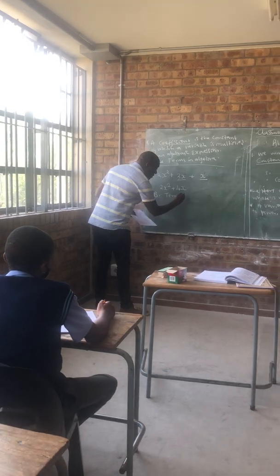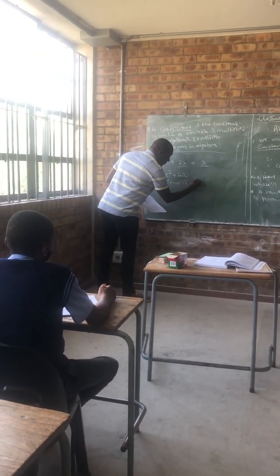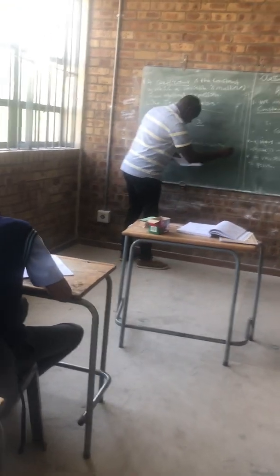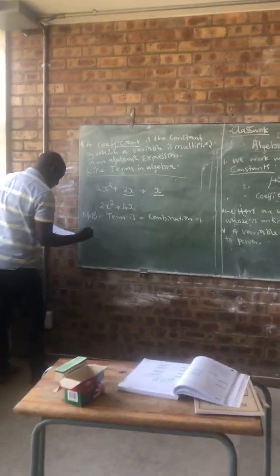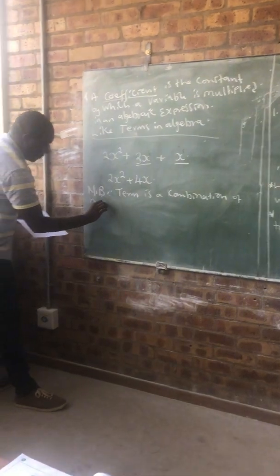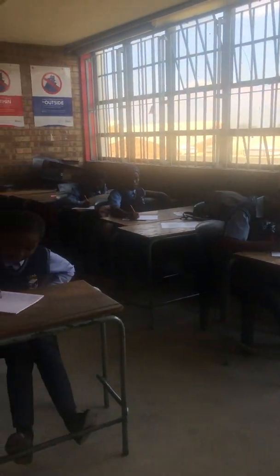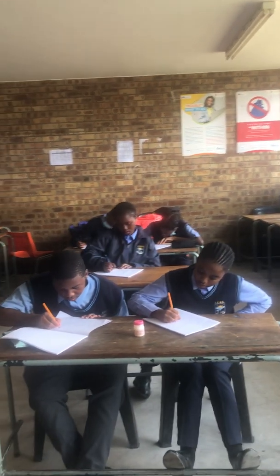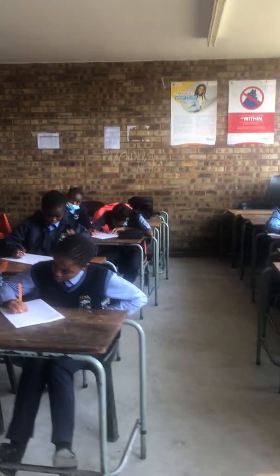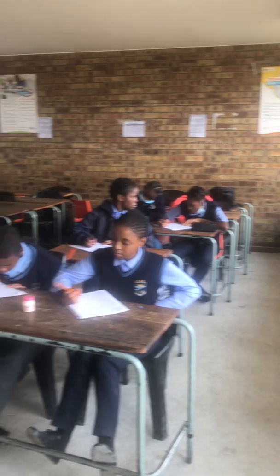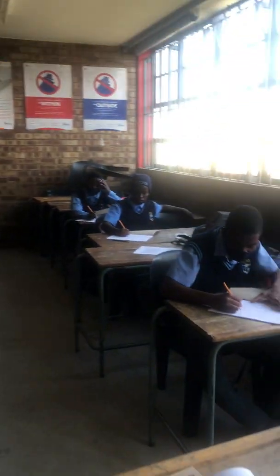A term is a combination of number and variable, involving multiplication or division.